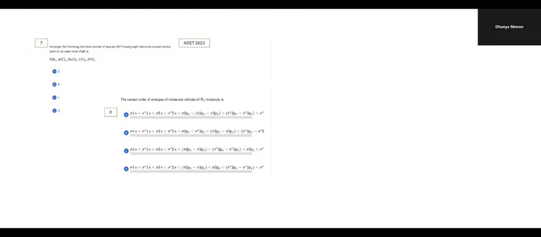Now students, coming to the seventh question. Among the following, the total number of species not having 8 electrons around the central atom. Okay. So you have to tell who do not have 8 electrons around the central atom. So this is ammonia having a lone pair of electrons. We drew ammonia so many times. 1, 2, 3, 4, 5, 6, 7, 8 with a lone pair of electrons.